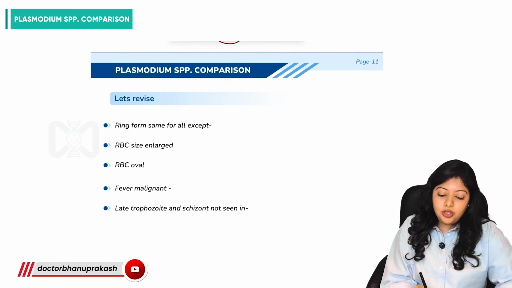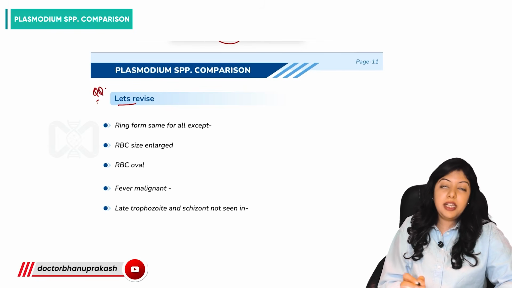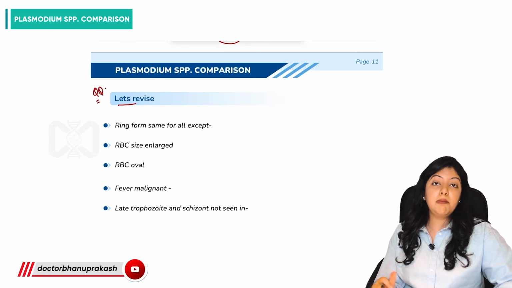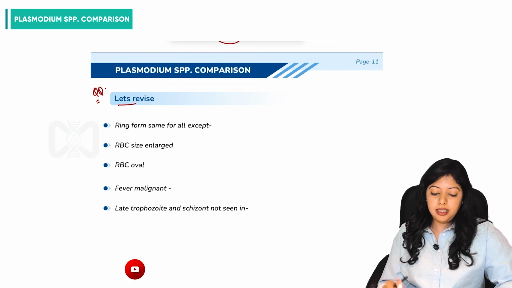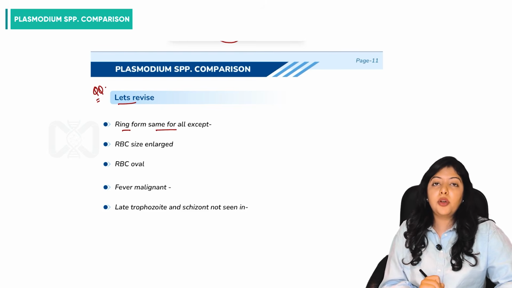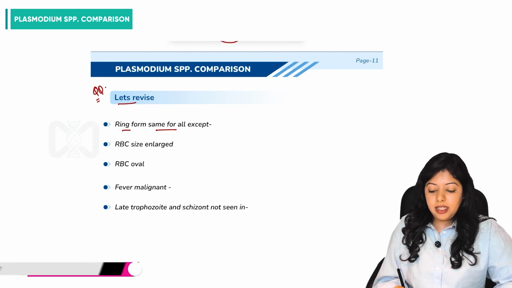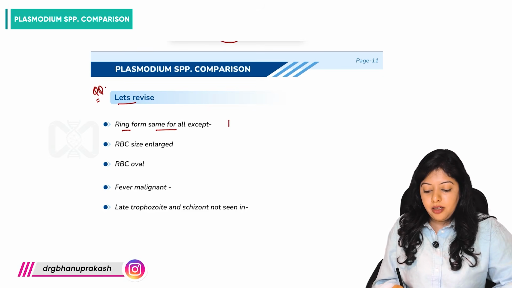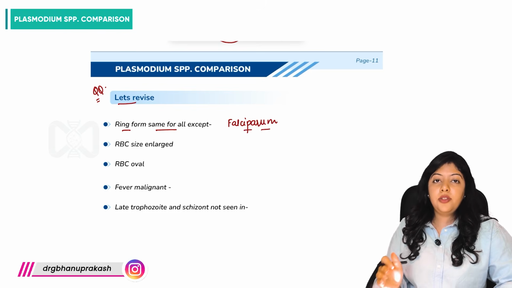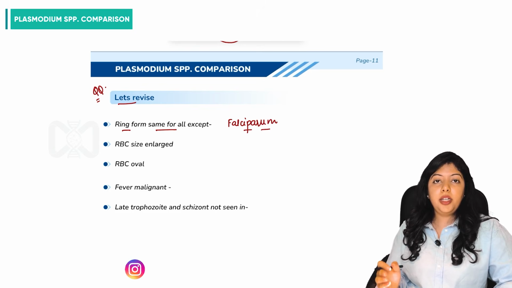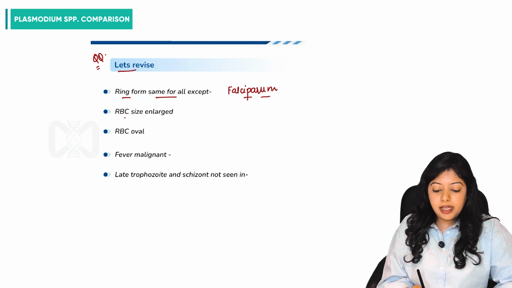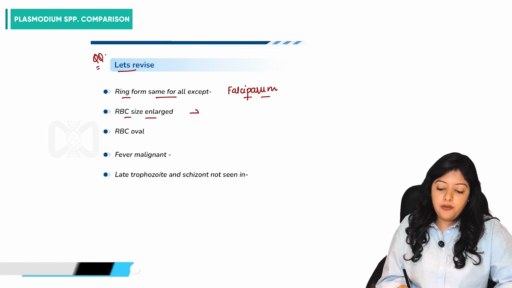Firstly, let us quickly revise, because it is a very volatile topic and we must remember it again and again. Ring form is the same for all except falciparum, which has 3 forms: multiple, double dot and accole form. RBC size is enlarged for vivax.